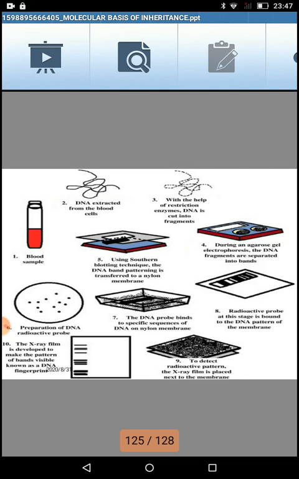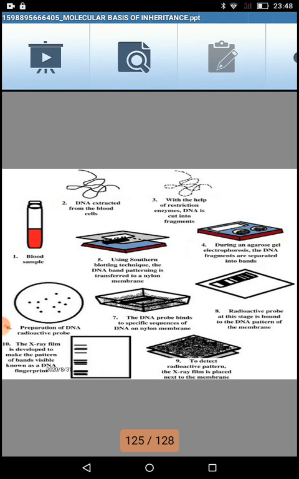Then once you treat this agarose gel with a suitable dye like ethidium bromide, you can see the DNA fragments. Now this agarose gel is very fragile, it is not so permanent. So a nitrocellulose membrane is kept on top of this agarose gel, and the DNA fragments are transferred onto the nitrocellulose membrane.